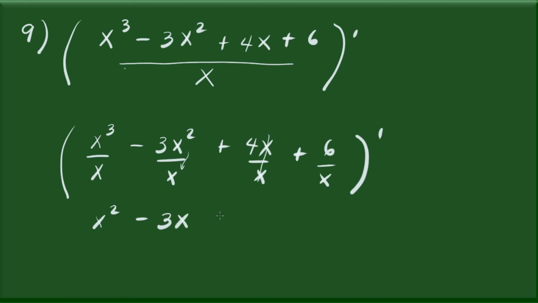This will cancel out, so we got the 4, and then plus 6 over x. So now apply your power rule for this simplified expression. The first one is 2x minus 3, and then the constant is 0. Now there's a shortcut.